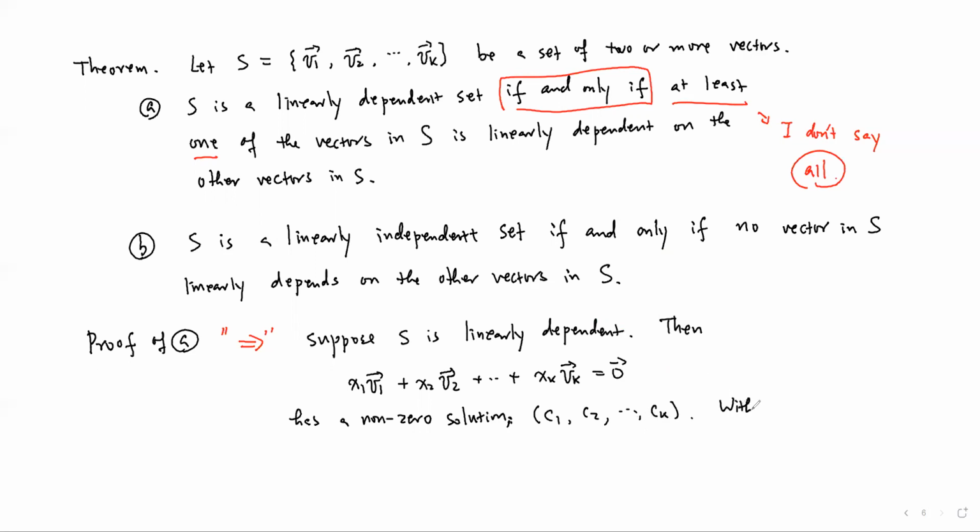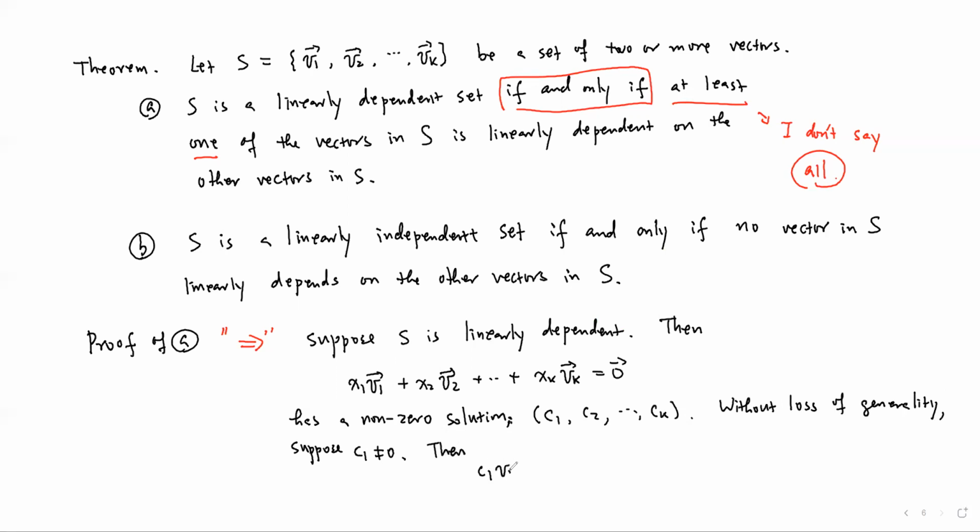Without loss of generality, we can suppose C1 is non-zero. Then I can write V1 as a linear combination of the other vectors.